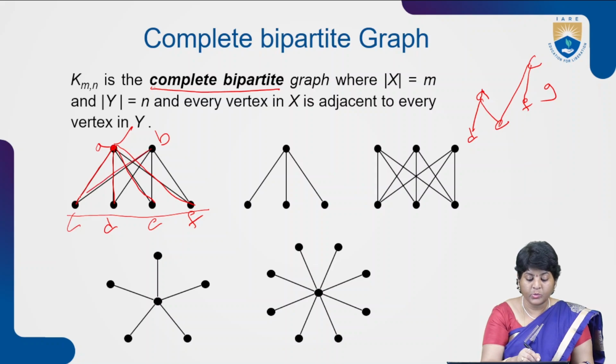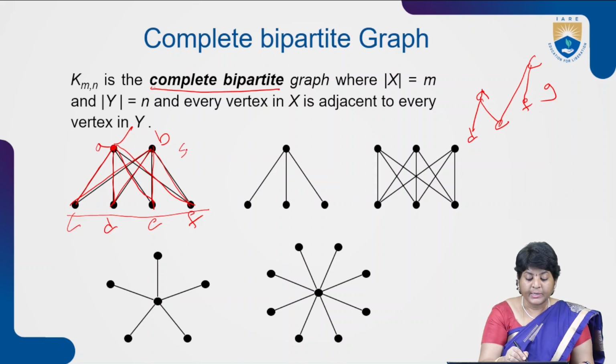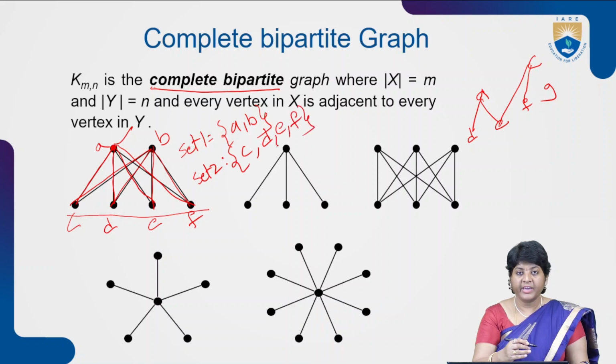B is connected to C, D, E, F. So set 1 includes vertices A, B. Set 2 has vertices C, D, E, F. So based on the way they are connected, the two sets are separated.